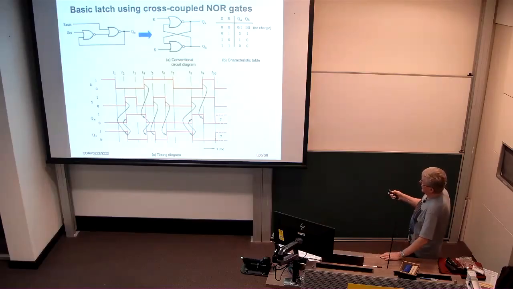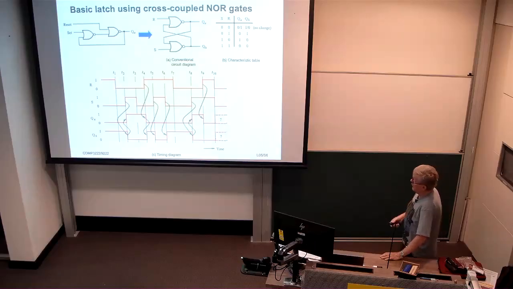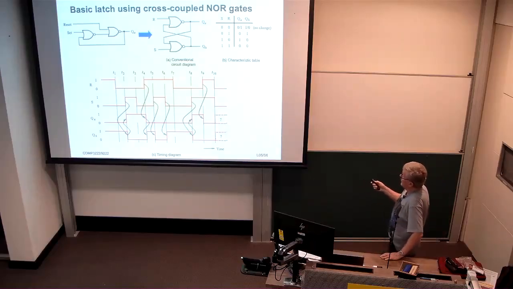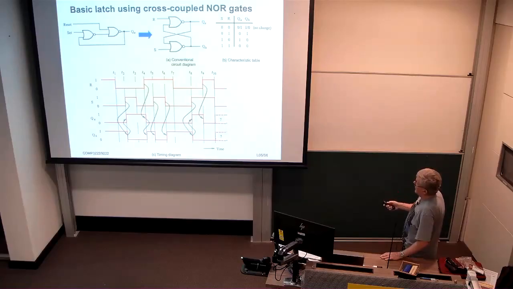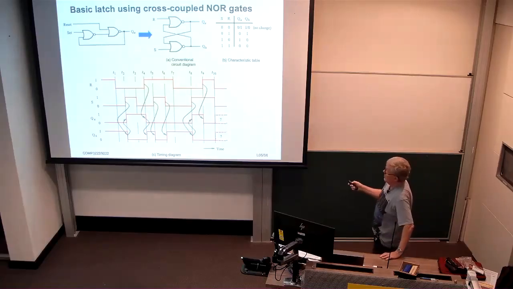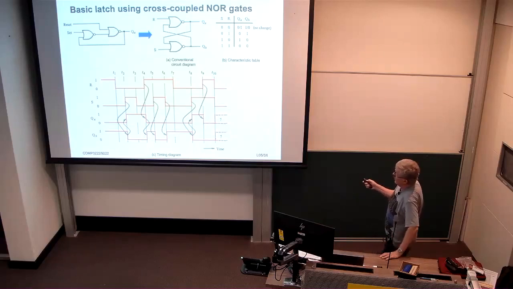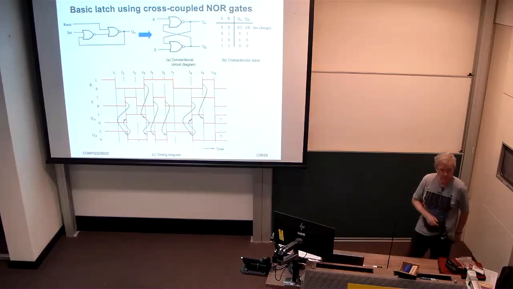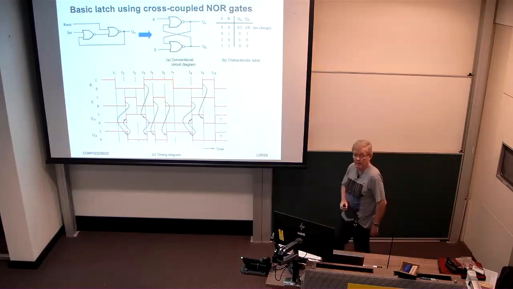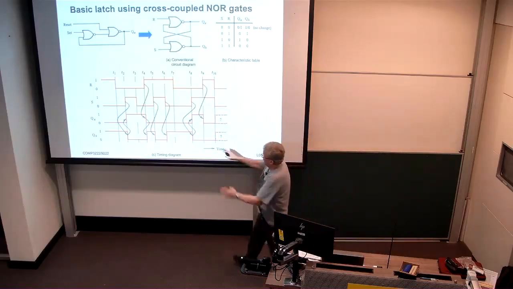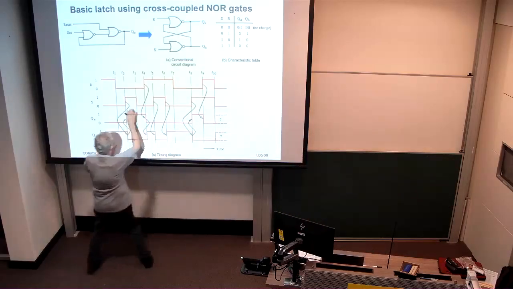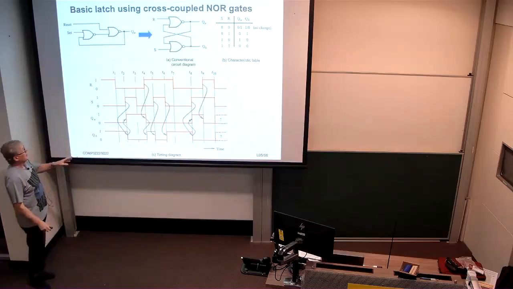If S is asserted, then QB is going to be forced to 0, and therefore QA is going to go to 1, right? And if both R and S are asserted, then both outputs QA and QB are going to go to 0. All right? Is that clear? All right, and we can trace that through with this timing diagram down the bottom here.